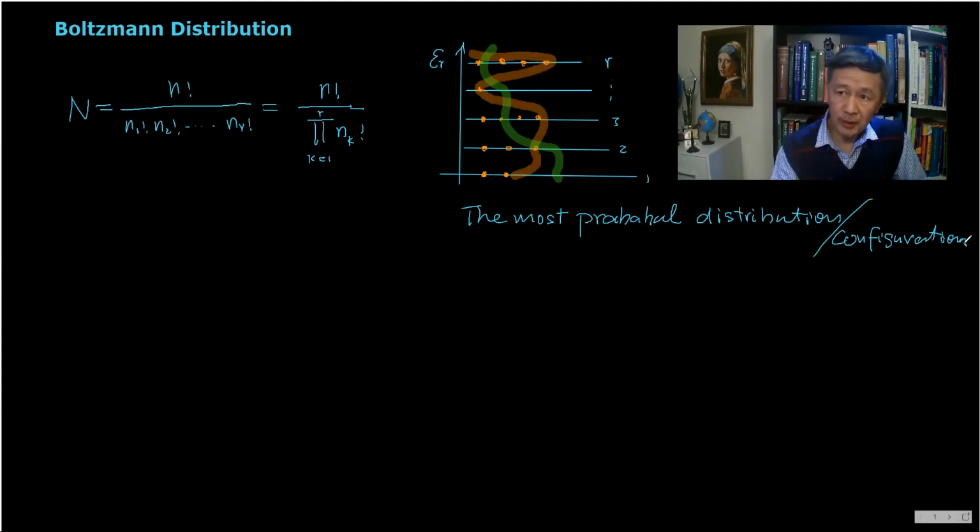The criterion to find this distribution, according to calculus, is to set the first derivative equal to 0.